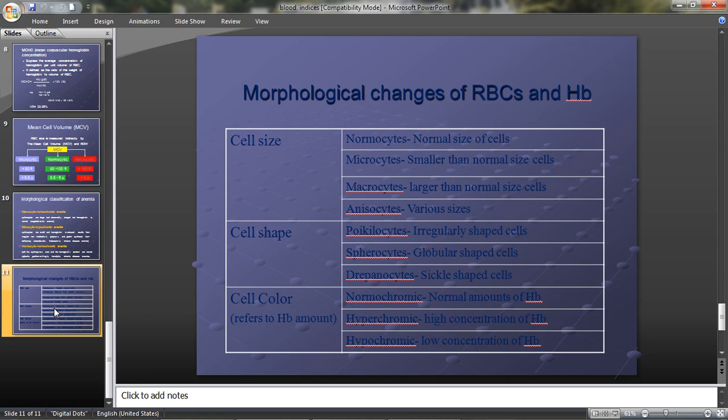Now these indices help us in coming close to the diagnosis of certain disorders of the RBC. It could be a defect in maturation, it could be increased destruction, it could be a deficiency of the factors that are required for the maturation and differentiation of the RBC.